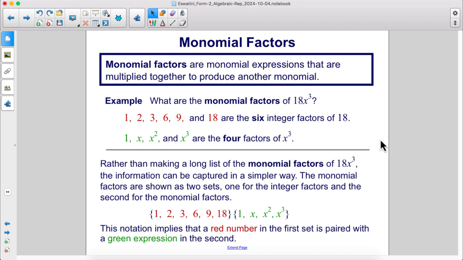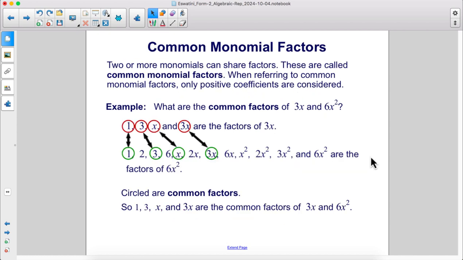Rather than making a long list, the information can be captured in a simpler way. The monomial factors are shown as 2 sets, one for the integer factors and the second for the monomial factors. This notation implies that a red number in the first set is paired with a green expression in the second.